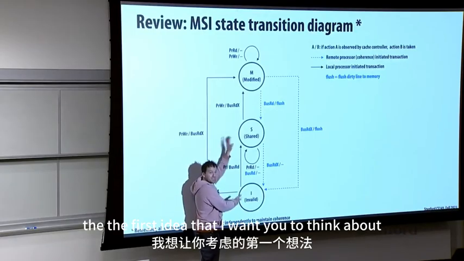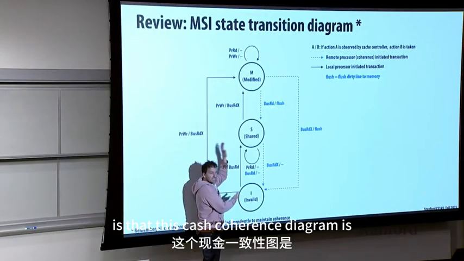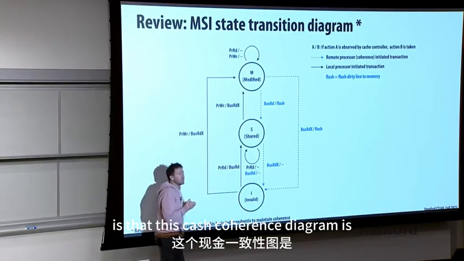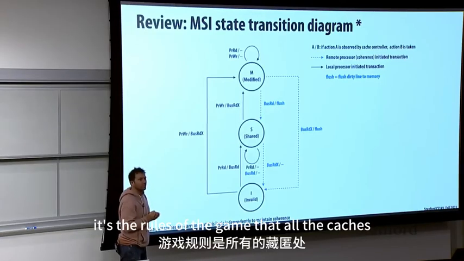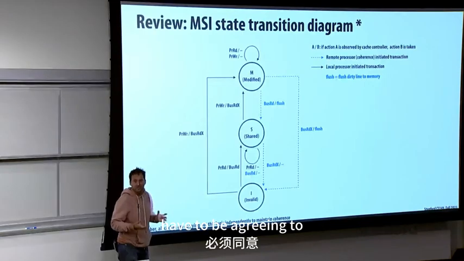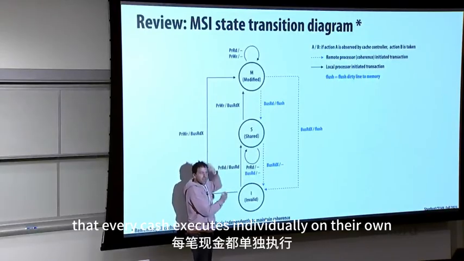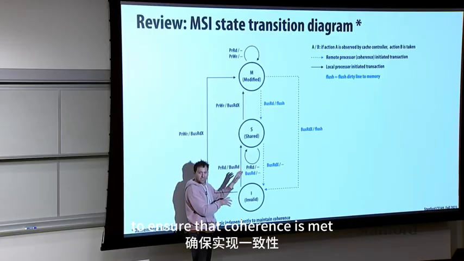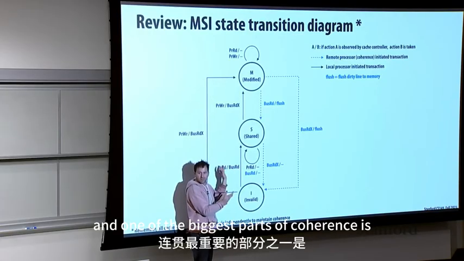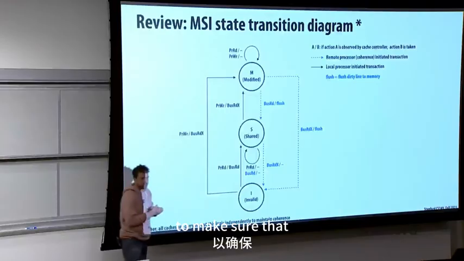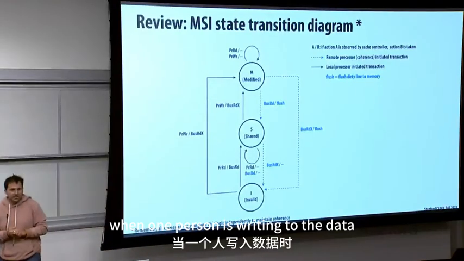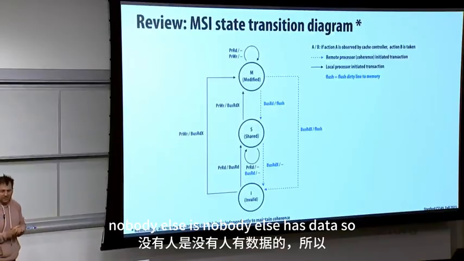But the first idea that I want you to think about is that this cache coherency diagram is a policy, a rules of the game that all the caches have to agree to. This is the state machine, the logic that every cache executes individually on its own to ensure that coherence is met. One of the biggest parts of coherence is to make sure that when one person is writing to the data, nobody else has the data.